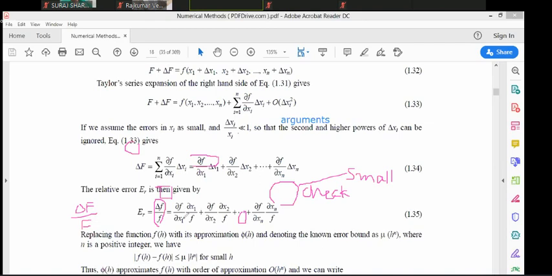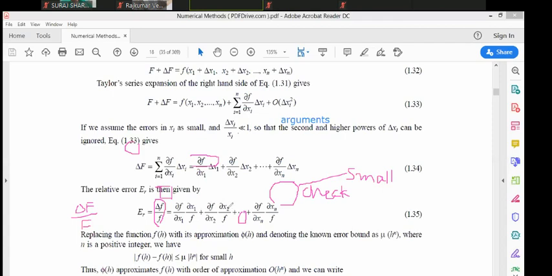So del f, del x1 upon del x1 f plus del f, del x2 upon del x2 f plus so forth, so on, del f, del xn, del xn f. Correct reading is del xn of f, del f of xn, del x2 of f.